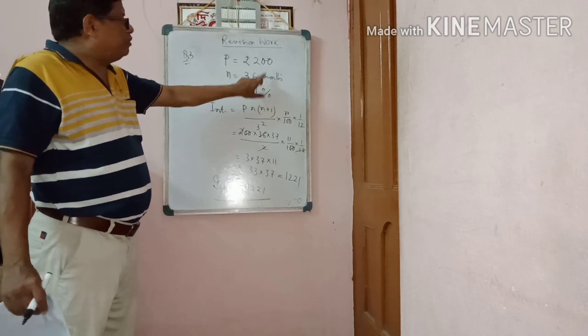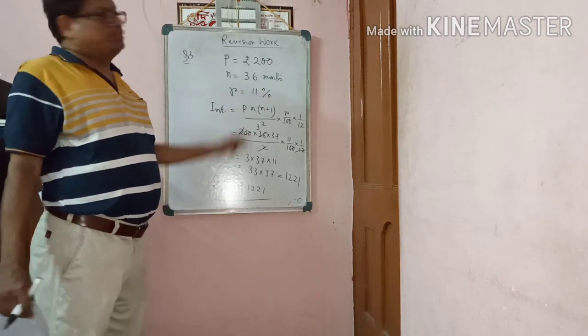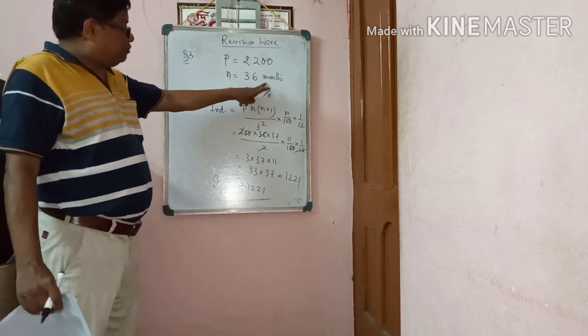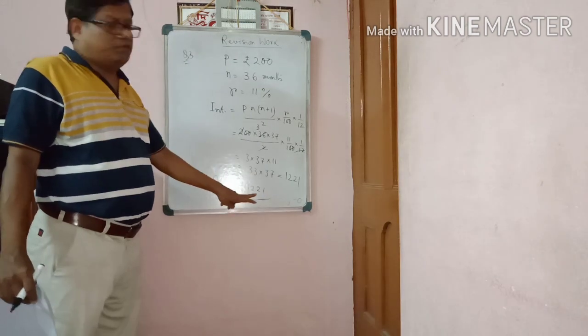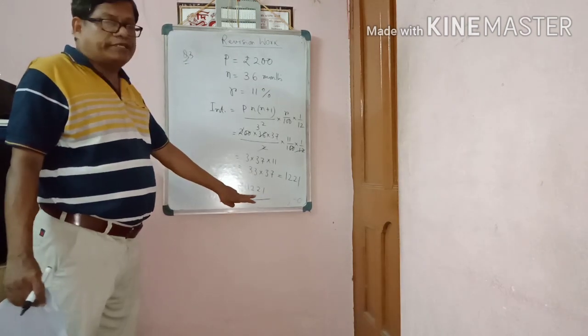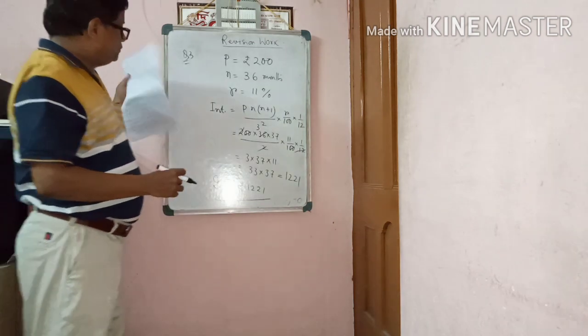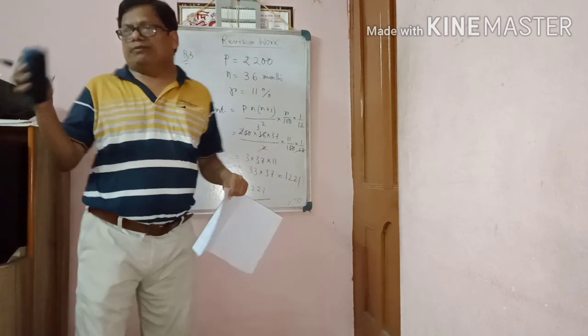Okay, he has already got 7200, and interest after 36 months will be 1221. Okay, now write maturity value.